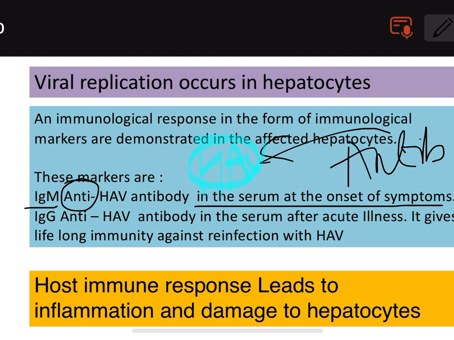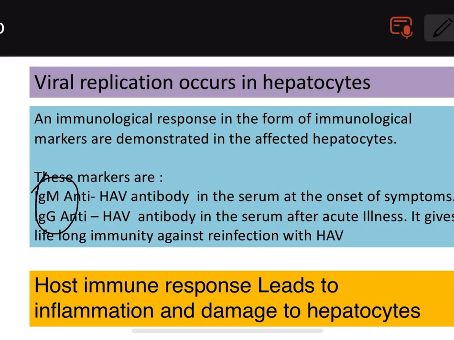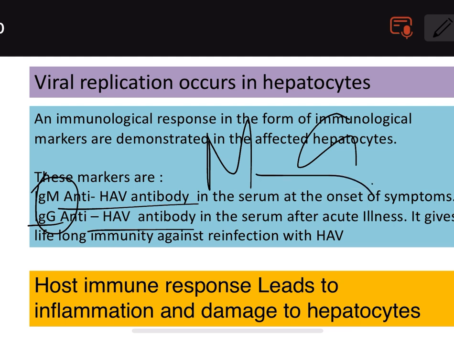In the serum at the onset of symptoms, there is also a difference between the IgM and IgG. Is it clear? We need to know this. IgM anti-HAV antibody and IgG anti-HAV antibody are seen in the serum. IgM is seen at the onset of symptoms, whereas IgG is seen after the subsidence of the acute illness.